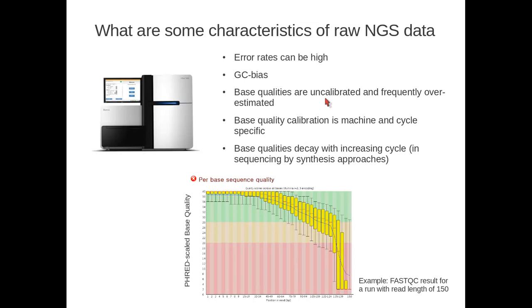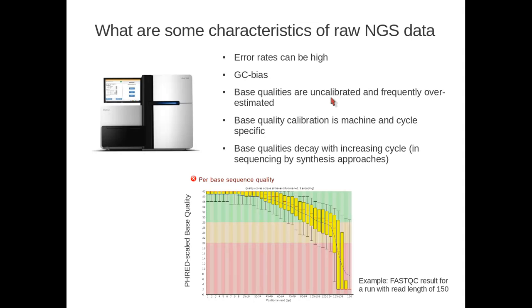Another thing to keep in mind is all of the base quality, Phred quality scores that I just described, how we calculate them. It's important to realize that they're not calibrated when they come off the machine.